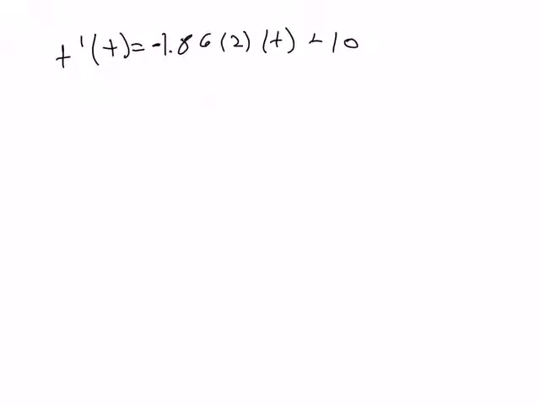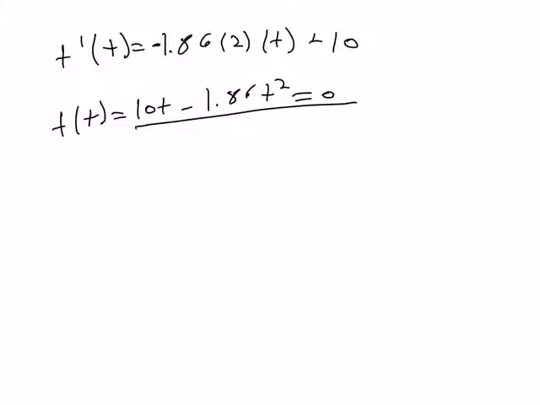Right? Yeah, that's correct. So now the question is, when will the rock hit the surface? The rock will hit the surface when f of t is equal to 0. We know 10t minus 1.86 t squared is equal to 0. This is the same as t times 10 minus 1.86t is equal to 0.